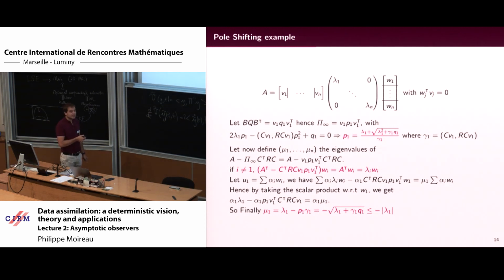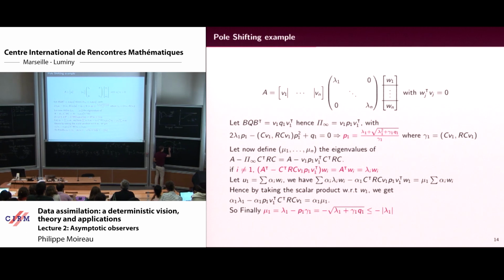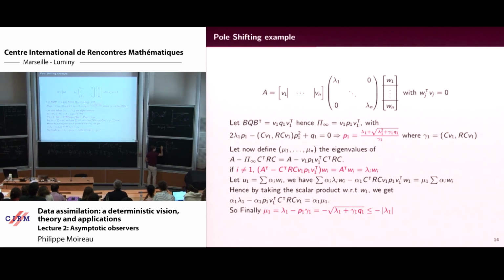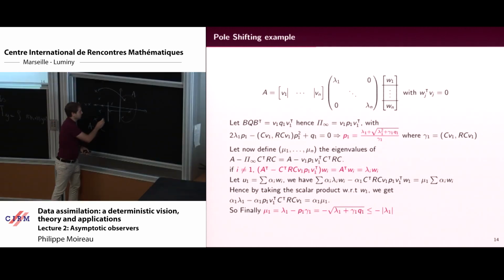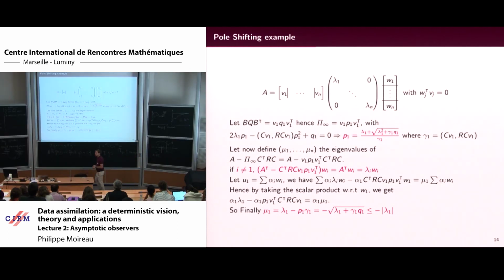So you shift lambda 1 to the left, and even if you have an unstable pole, you shift it to the left by the absolute value of the pole. So you go even further here.